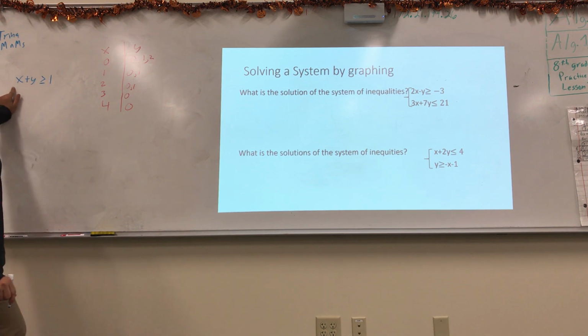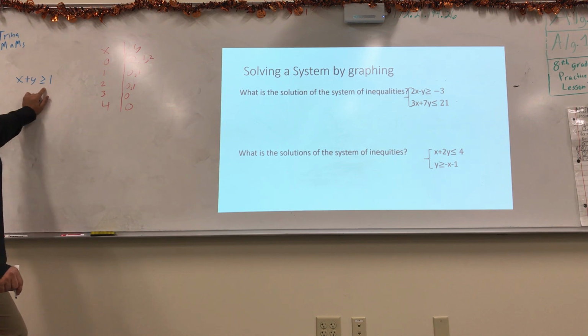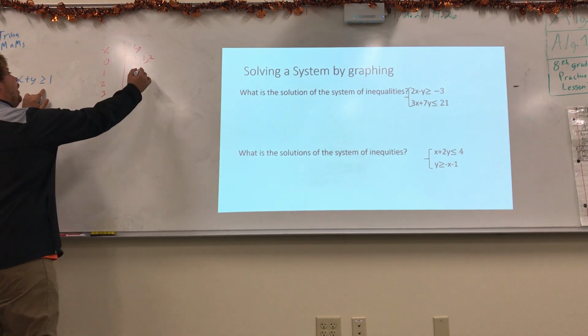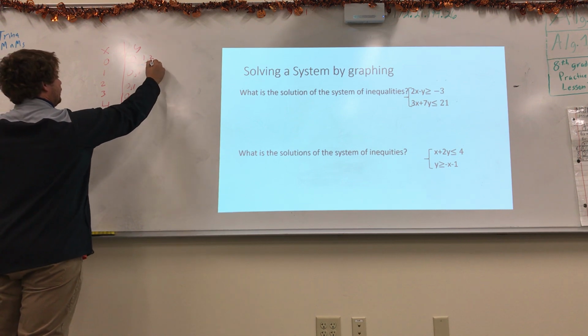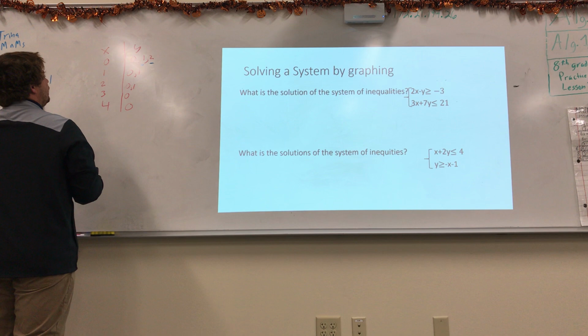Okay, if I put in 0 for x, and zeros for both, is that greater than or equal to 1? No. But if I put in the 1, that is a true statement. If I put in the 2, that is a true statement.